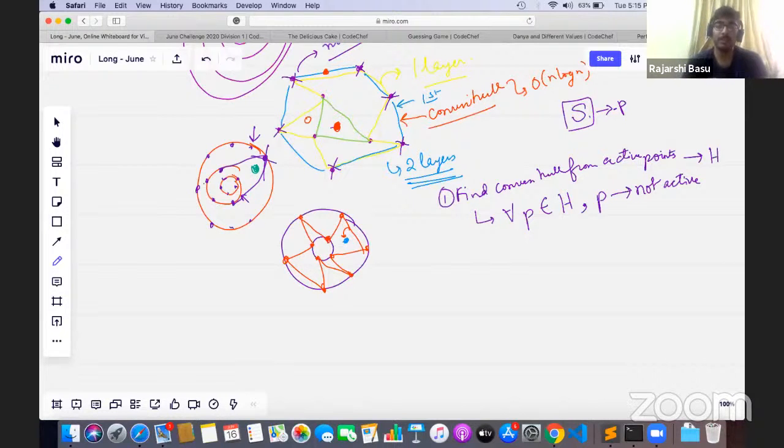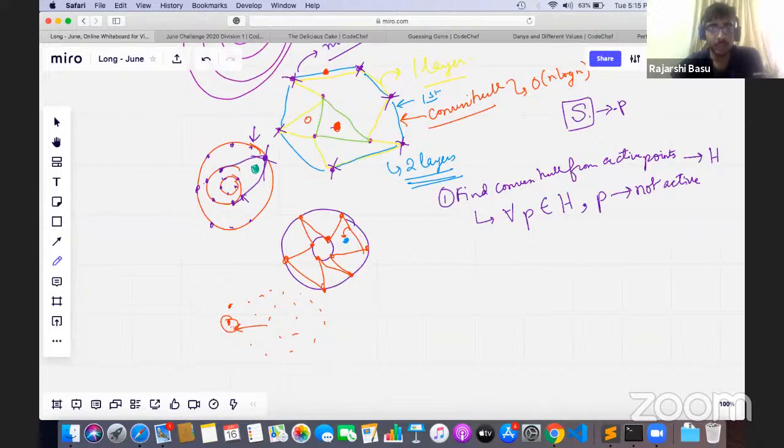Now let's maybe discuss, first let me discuss how do you take care of collinear points. One method of doing it is, in the convex hull algorithm, what I generally do is I take the leftmost point in your point set as the pivot, the leftmost bottommost point. So this is my pivot.